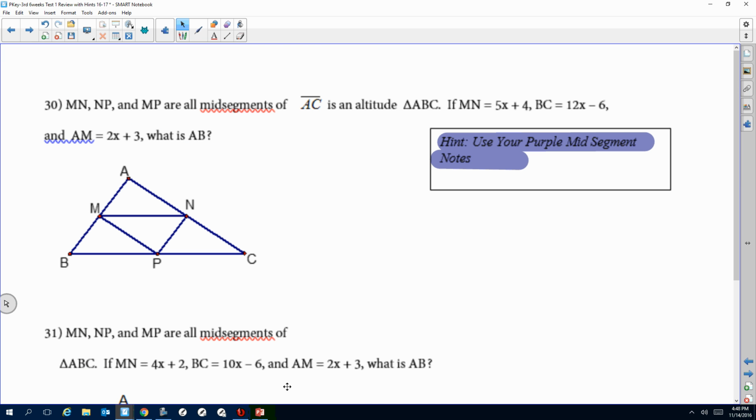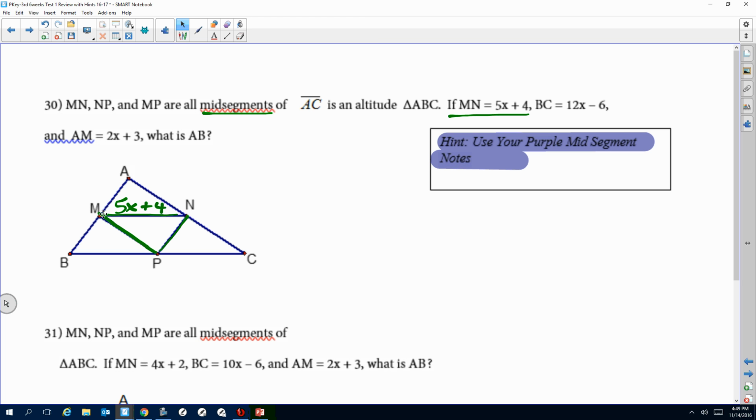So it tells us that we have a mid-segment. All these right here, MN, NP, PM, they're all mid-segments. Mid-segment to AC. AC is the altitude of the triangle. And MN is 5x plus 4. So I'm going to go ahead and write that, 5x plus 4. That mid-segment is 5x plus 4.